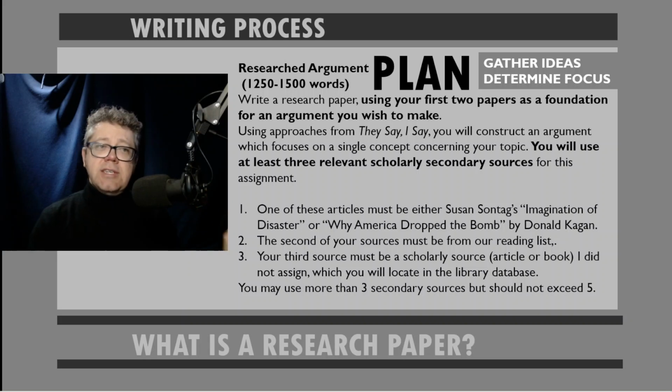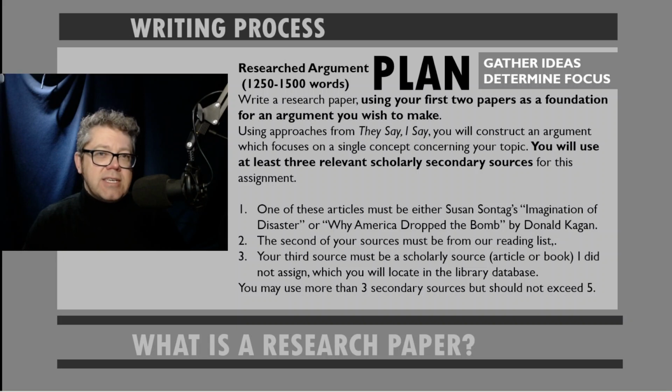But note that it says you may use more than 3 secondary sources, but should not exceed 5. What if we didn't have that clarification, and all the assignment said is you will use at least 3 relevant scholarly secondary sources? I write that, or at least I used to, on a lot of my assignments, and students would just be like, 3, done, without considering whether or not they needed to go beyond that.